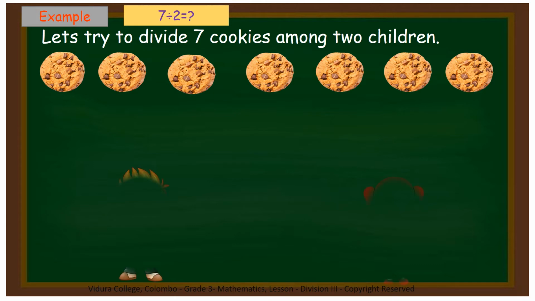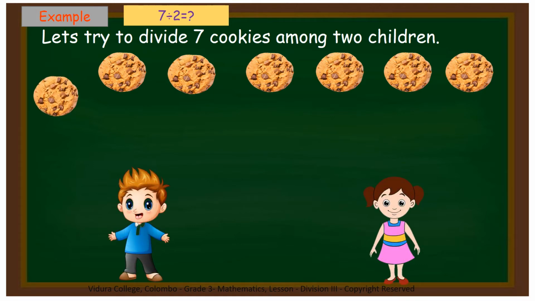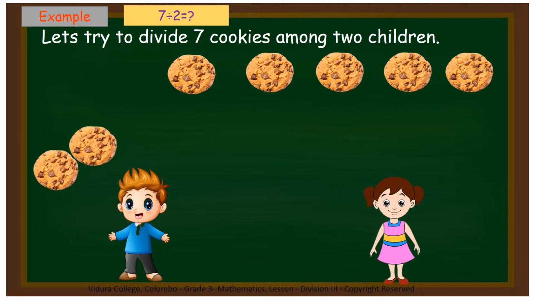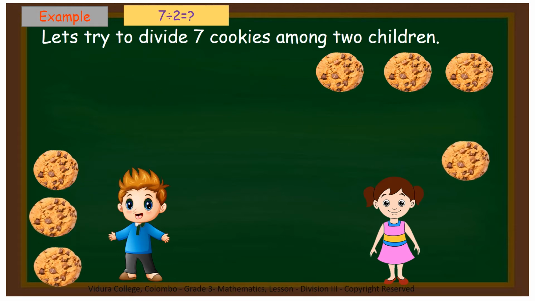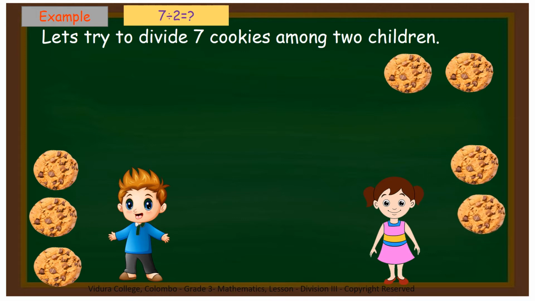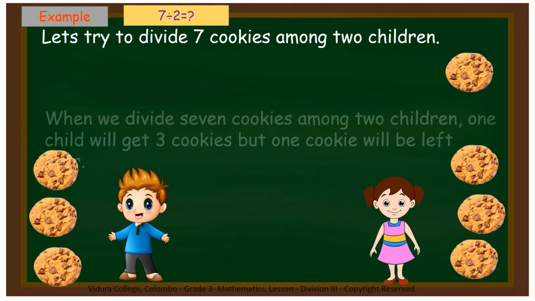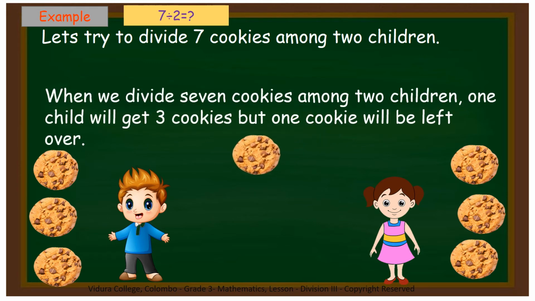Example, 7 divide 2. Let's try to divide 7 cookies among 2 children. When we divide 7 cookies among 2 children, one child will get 3 cookies, but 1 cookie will be left over.